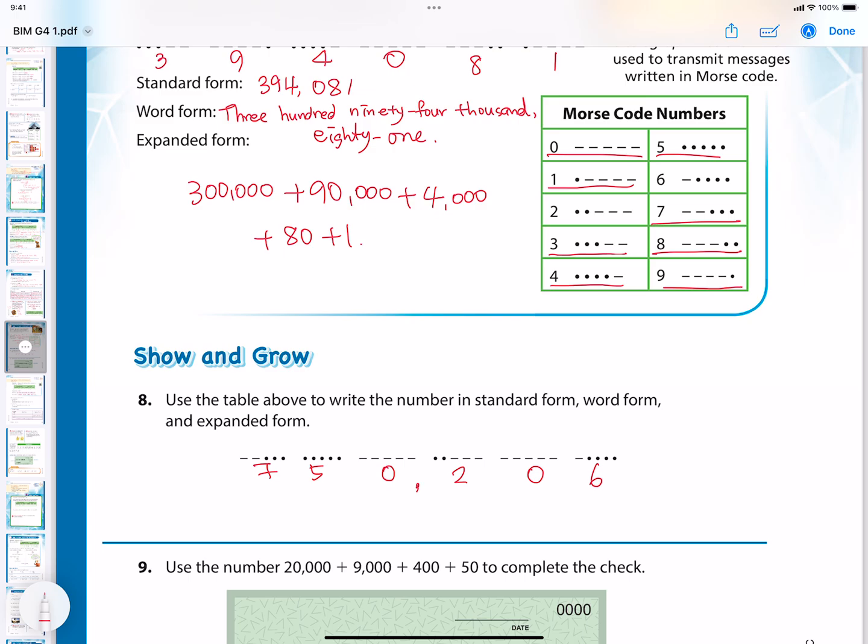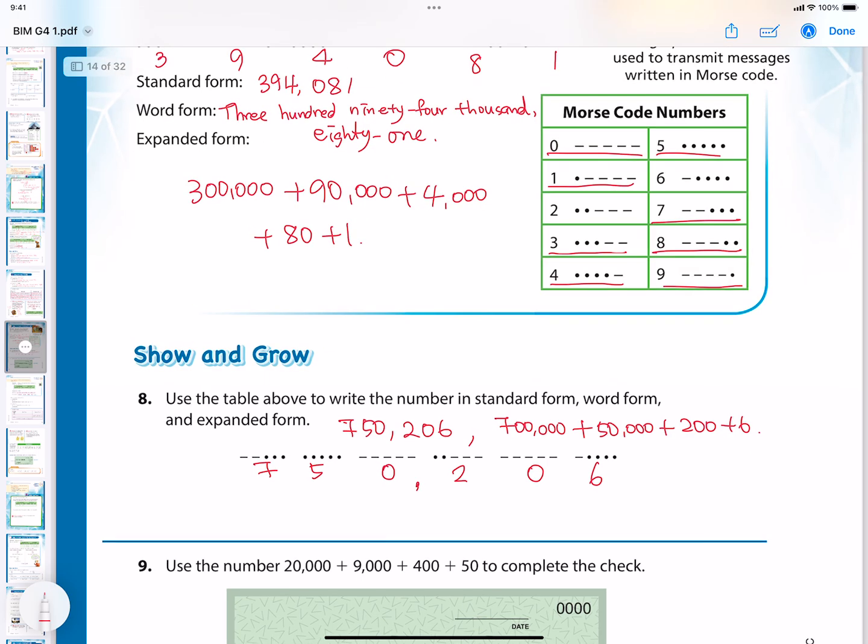So standard form is what? Okay, we might not have enough space, so I'm going to use the space that I have. 750,206 is standard form, and I'm going to use the expanded form, which is 700,000 plus 50,000 plus 200 plus 6.